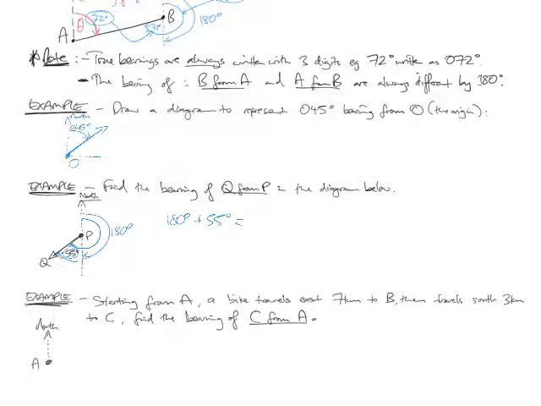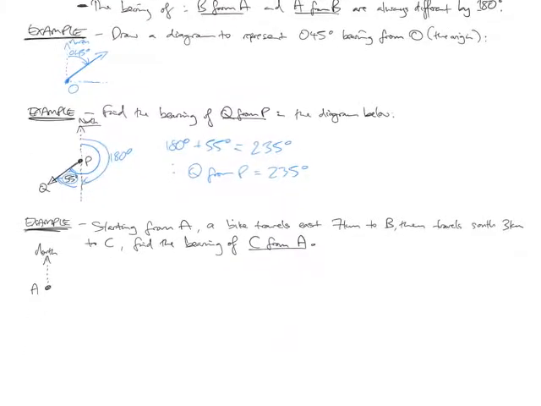Graphics calculator. 180 plus 55, 235 degrees. So you'd write it as Q from P is 235 degrees true bearing.